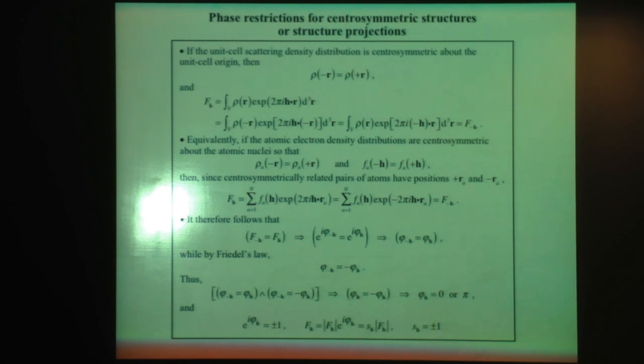So the reflections of the type HK0, 0KL, and H0L, those three special zones of reflections that have one of the indices 0, are all restricted to having phase of 0 or pi, that is signs of plus or minus 1. So these phase restrictions have important consequences that simplify life for someone trying to figure out a crystal structure, at least in favorable cases.